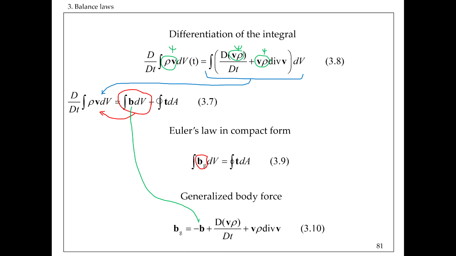So there is a body force actually here, and if we continue that blue line from here, these two terms are exactly coming and contributing into these two terms that we just obtained, coming out of taking the material time derivative of the integral in the current configuration.